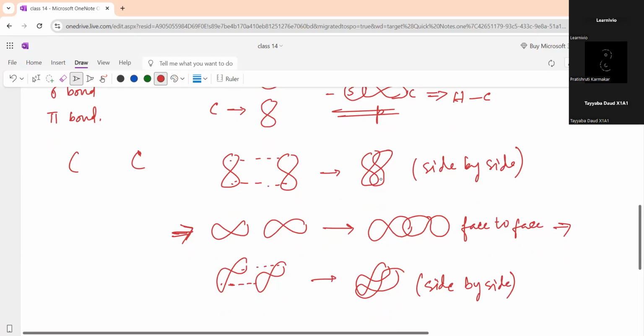So when it's happening side by side, the side-by-side collision results in less strong bonds. And this is also a less strong bond.